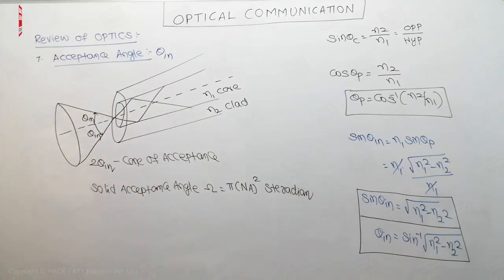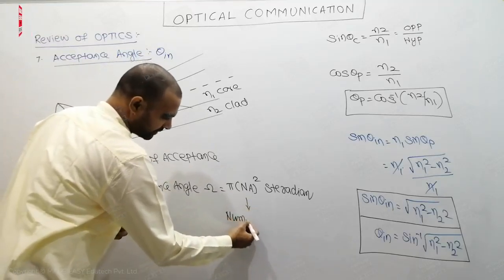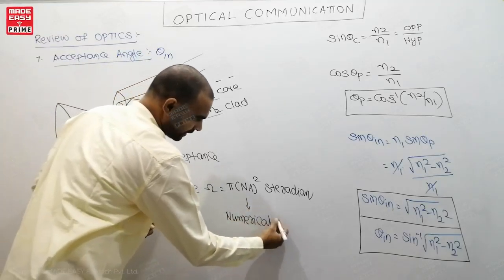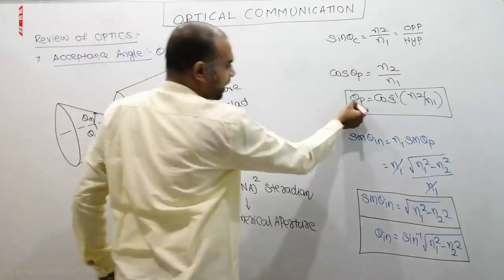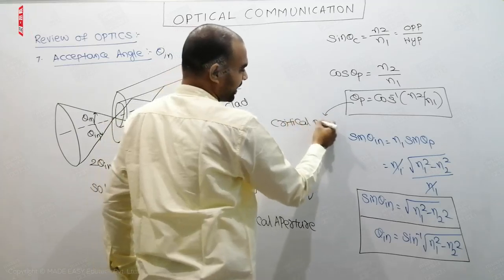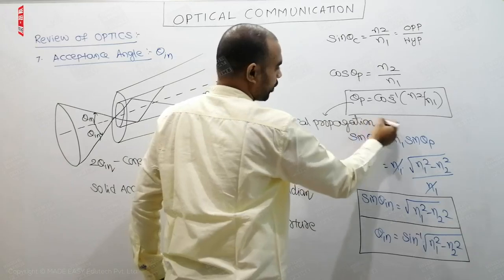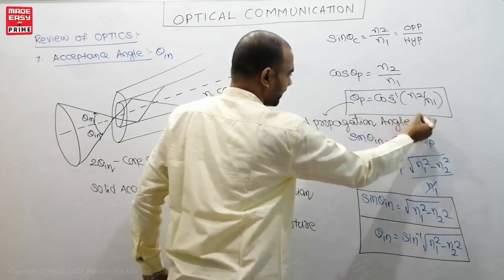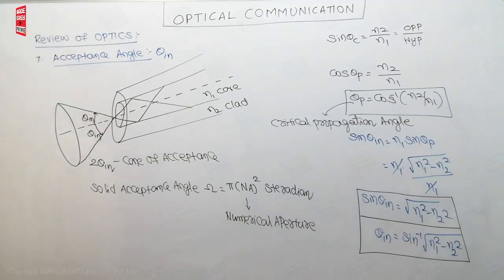So what is Na? Na stands for the numerical aperture. Theta p is called as the critical propagation angle we have.